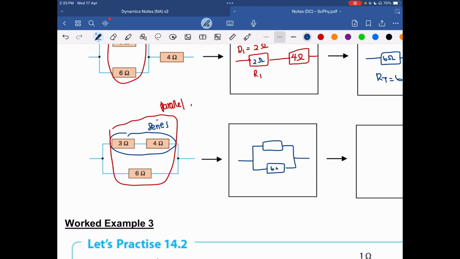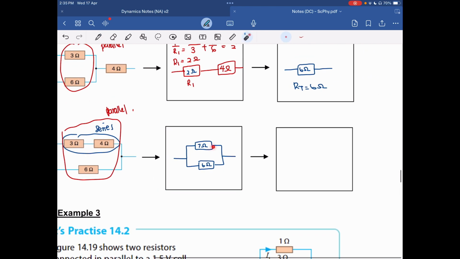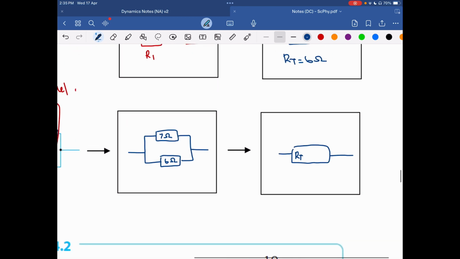One is the 6 ohm. So what will be the effective resistance from these two resistors? 4 plus 3, that will be 7 ohm. Then since this 7 ohm is in parallel to 6 ohm, in terms of the effective resistance, 1 over RT equals 1 over 7 plus 1 over 6.